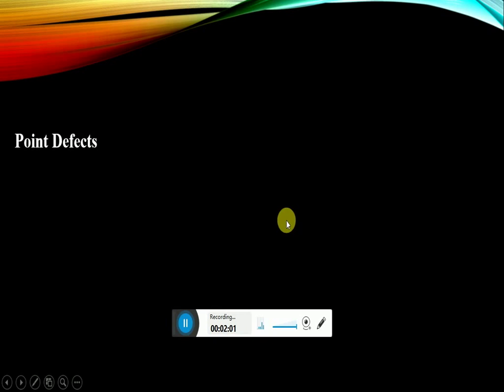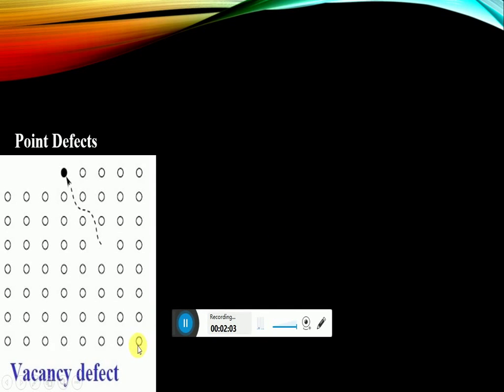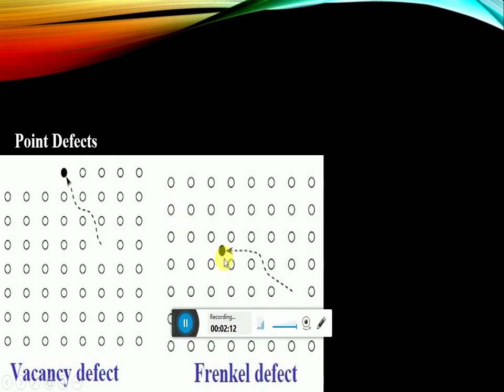Now moving on to the point defects. A vacancy defect is formed when the silicon which was initially present over here just moves out from the lattice. A Frenkel defect is produced when a silicon which was initially over here goes and takes some place which was initially void.